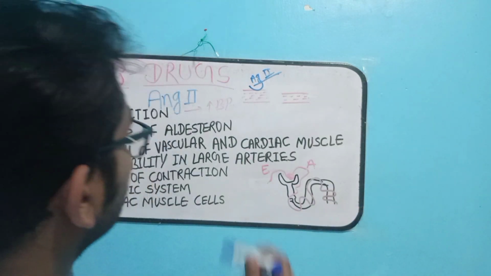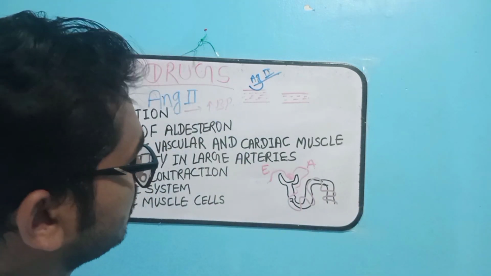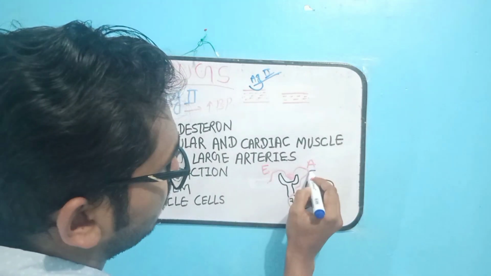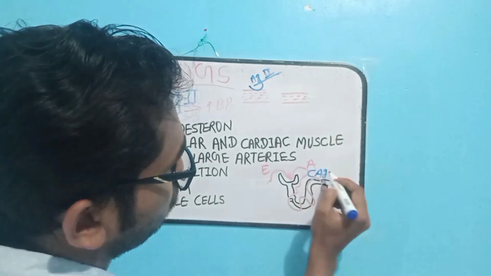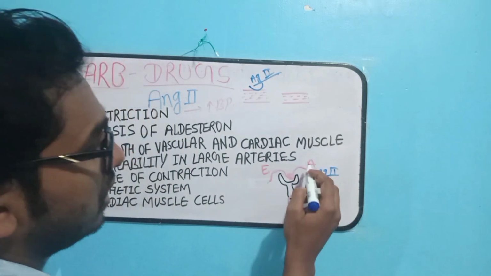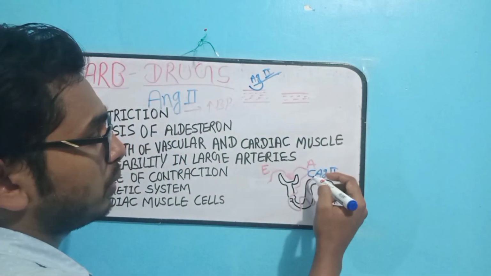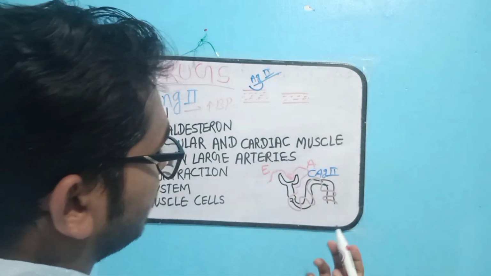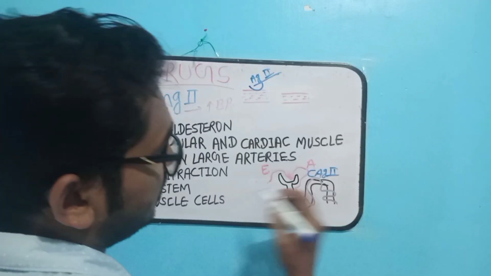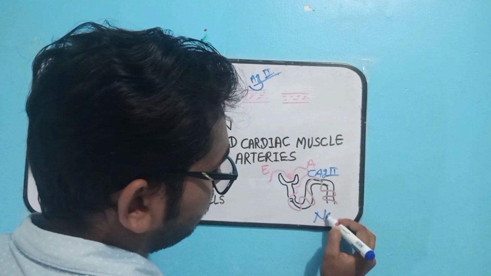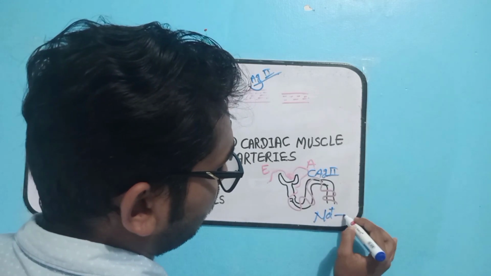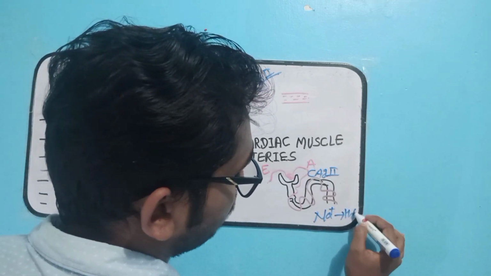When angiotensin 2 acts on the efferent arteriole, there is an increase in sodium reabsorption. We know that when sodium is absorbed, water is also absorbed.